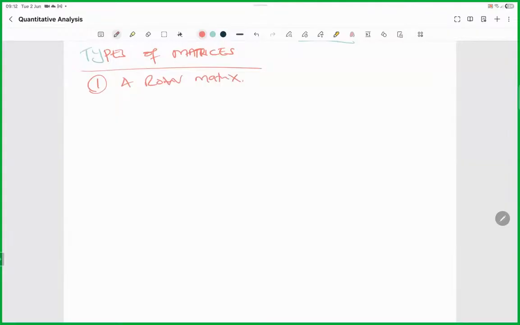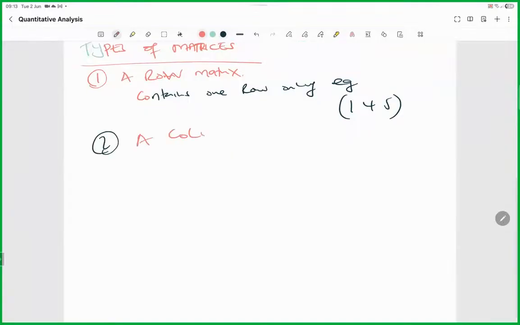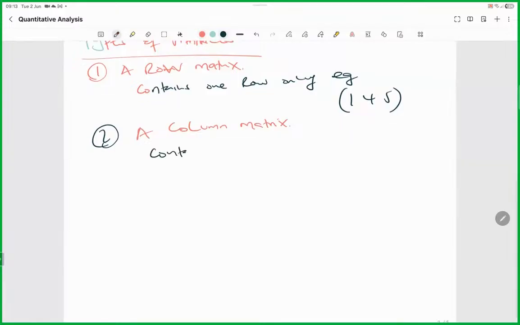A row matrix contains one row only, for example 1, 4, 5. A column matrix contains one column only. It's moving down like that.